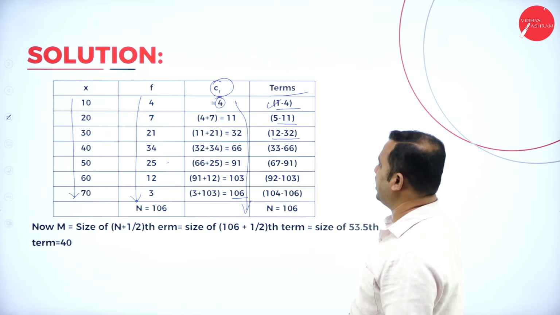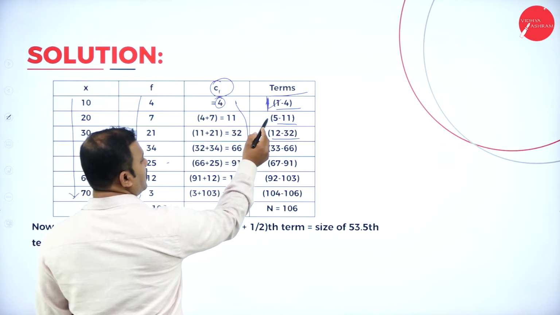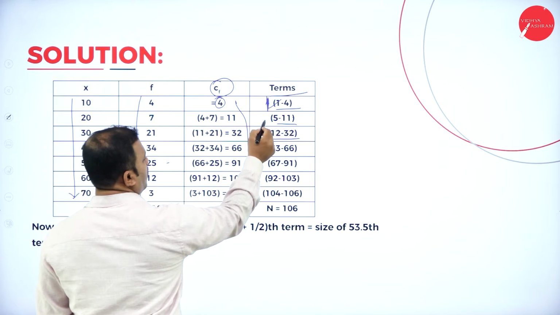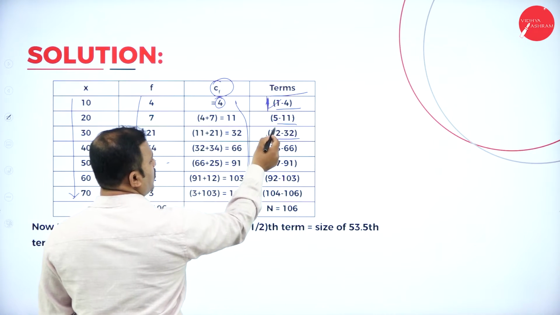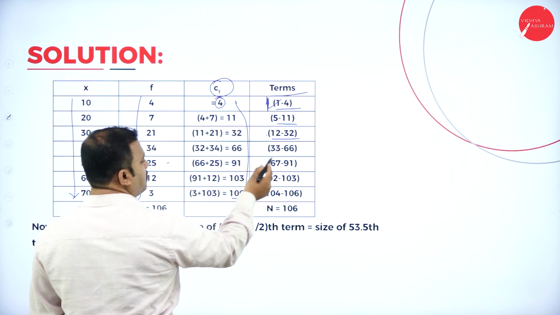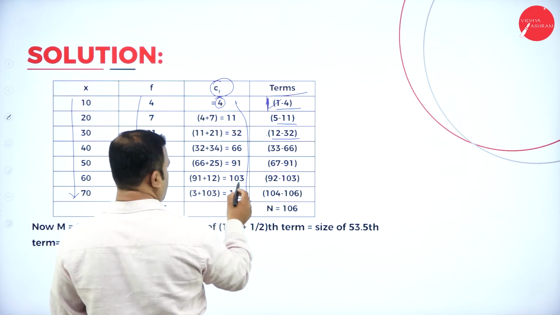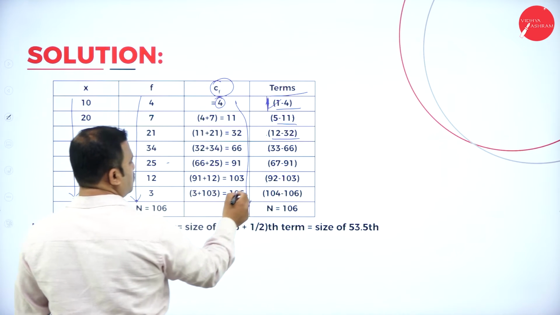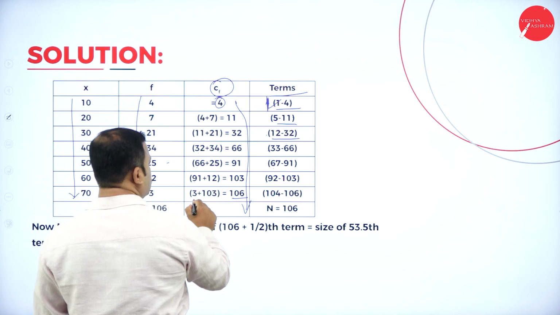Of course we have the first term here, that is 1. The second term is 4 plus 1, 5. 11 plus 1, 12. 32 plus 1, 33. 66 plus 1, 67. 91 plus 1, 92.